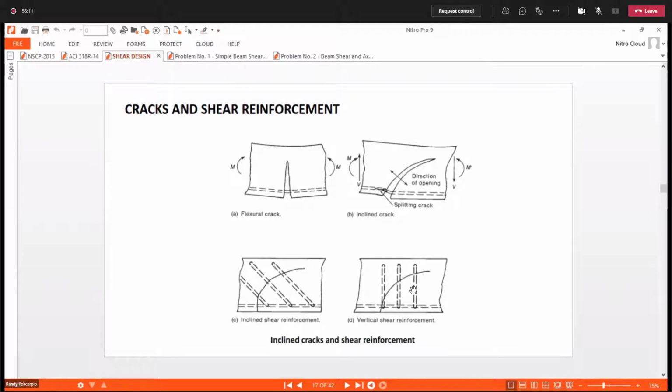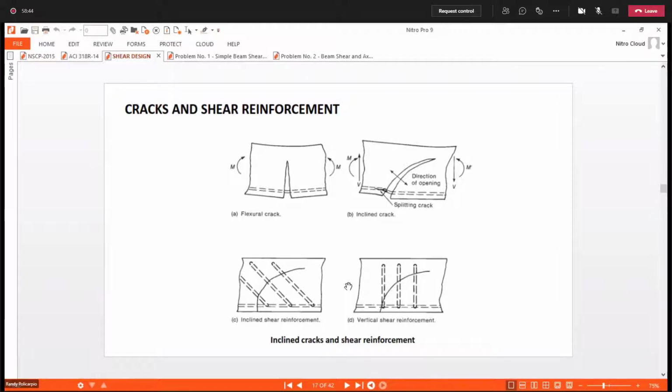Just like also this one, if you have here an inclined crack, you can also resist this by putting a vertical reinforcement. We call it vertical shear reinforcement. Ito naman incline, para maiwasang magkaroon ng inclined cracks.